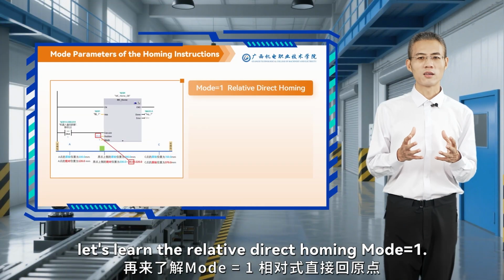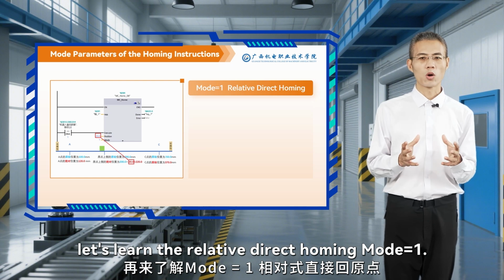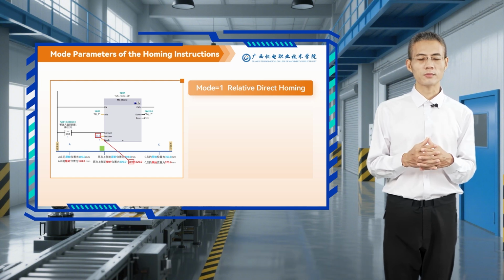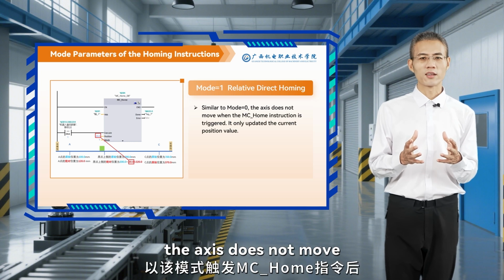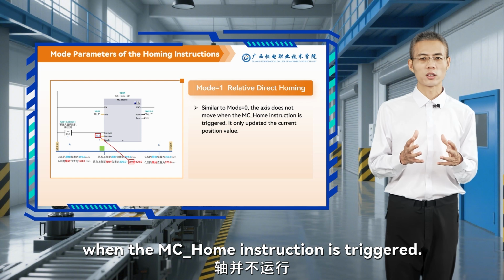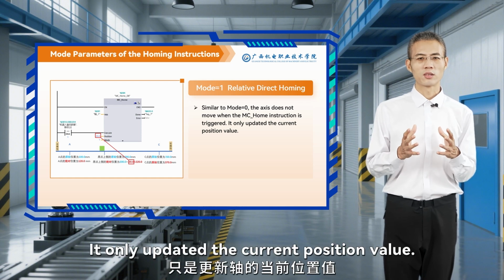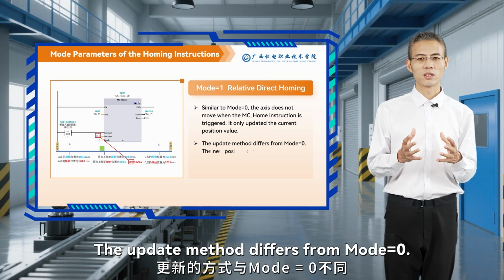Second, let's learn the relative direct homing mode equal 1. Similar to mode equal 0, the axis doesn't move when the MC Home instruction is triggered. It only updates the current position value. The update method differs from mode equal 0.